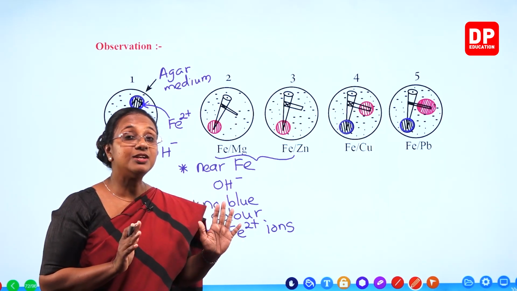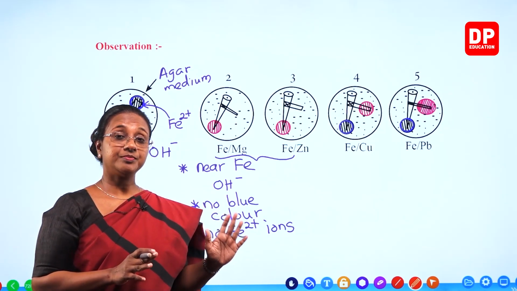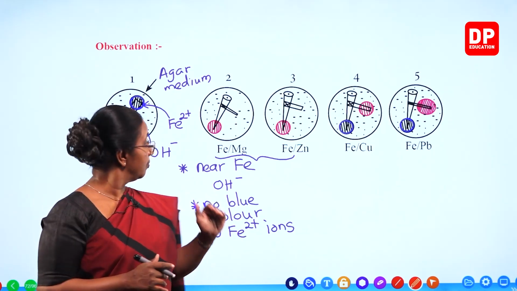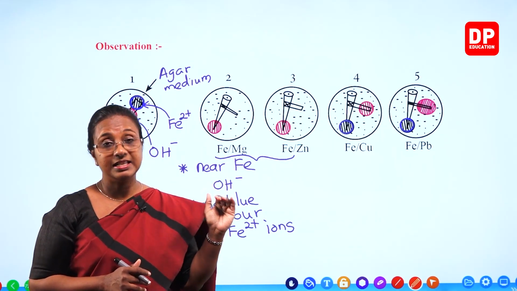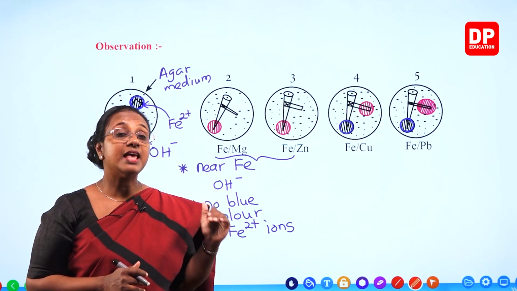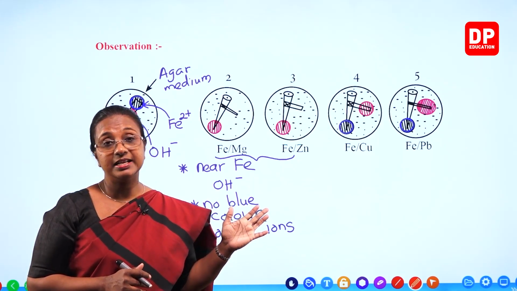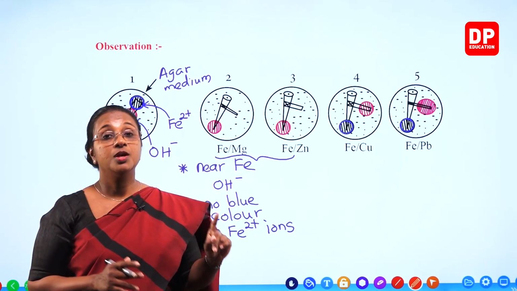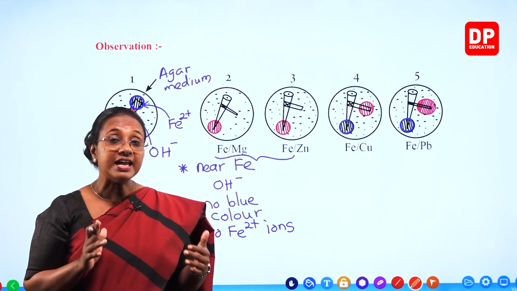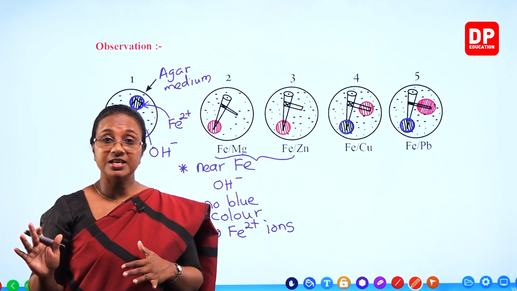Can you all relate that to the activity series? In the activity series, both magnesium and zinc are above iron. That means they are more reactive than iron. Iron is less reactive than magnesium and zinc. So therefore, iron does not undergo oxidation.